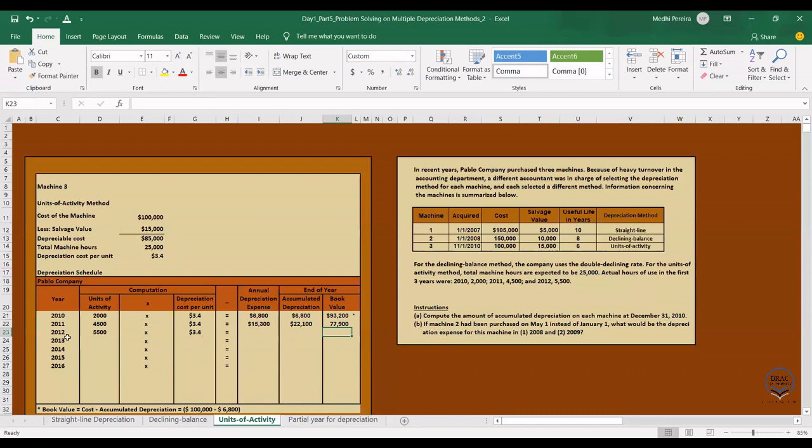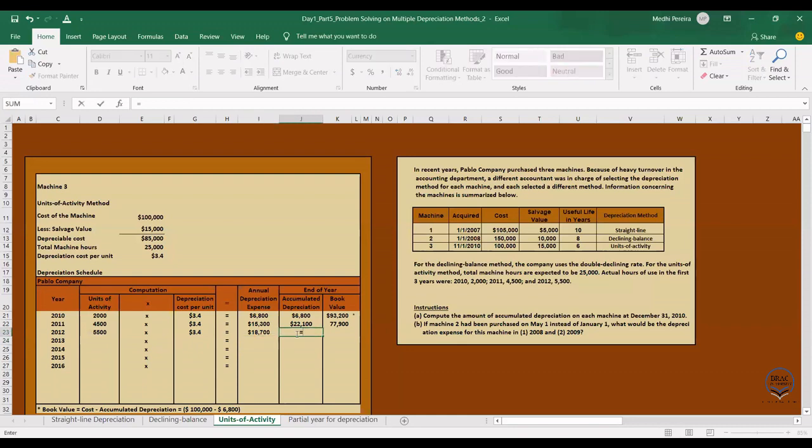So next for the year 2012, we again do the same thing. We multiply the units of activity of 2012, which is 5,500, with the depreciation cost per unit, and we have the annual depreciation for 2012 to be 18,700.